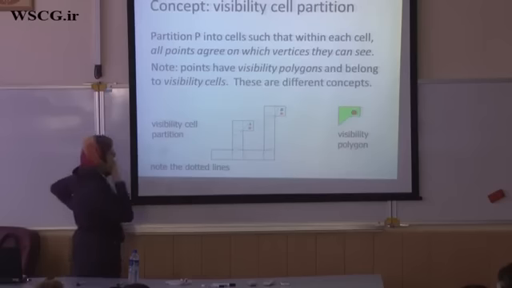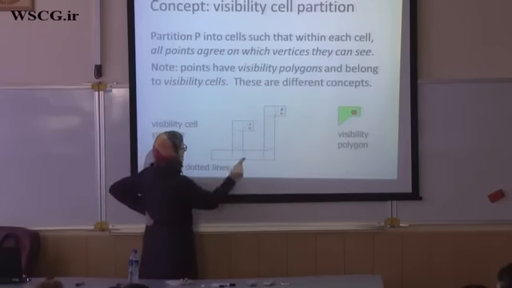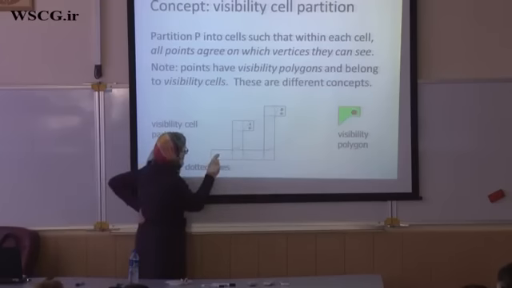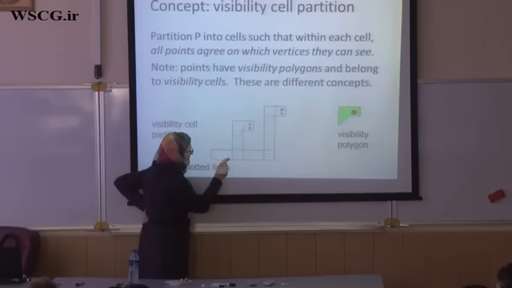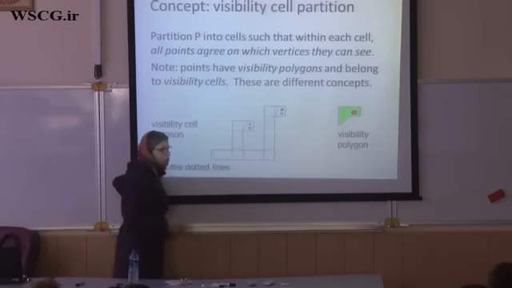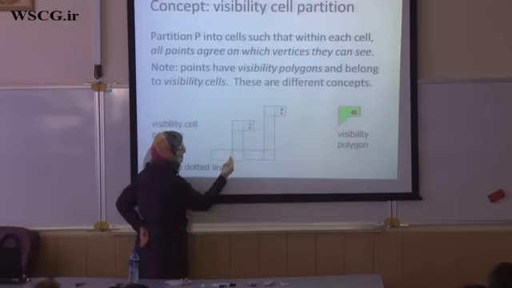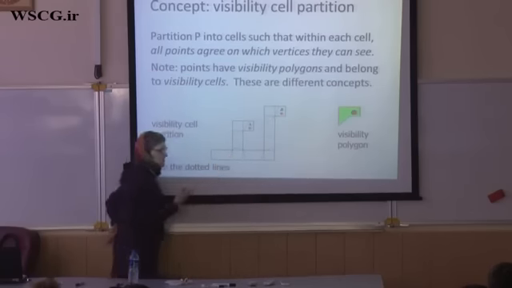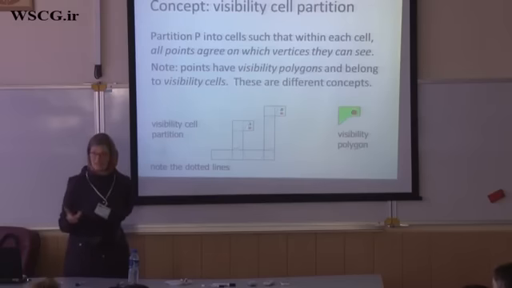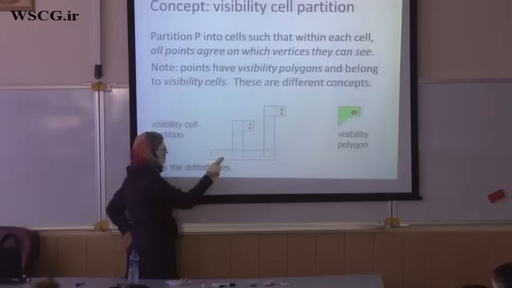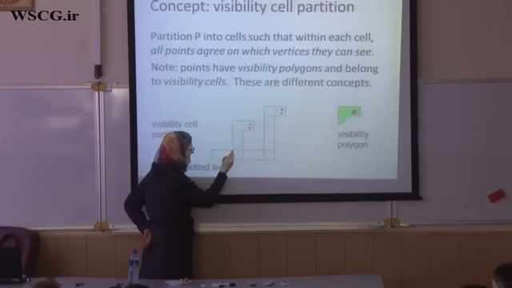Okay, so where do these dotted lines come from? I claim that if I'm starting in this box and I move over to this line, all of a sudden I'm moving into a new region. The points in this cell can now see a different set of vertices of the polygon than these, right? Why is the dotted line here?